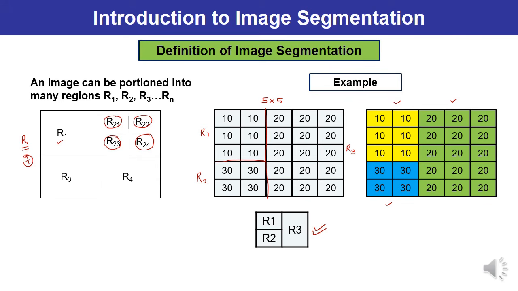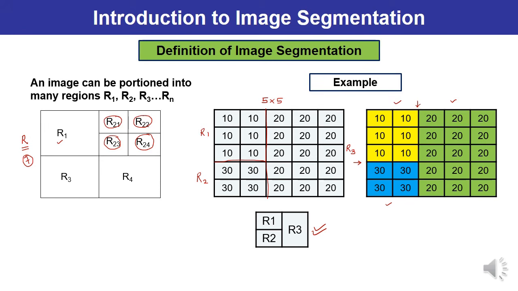There are some important characteristics which you must remember. One point you must also note down is the boundaries. You can see this particular boundary, and this particular boundary. These boundaries which separate the regions should be simple and clear.